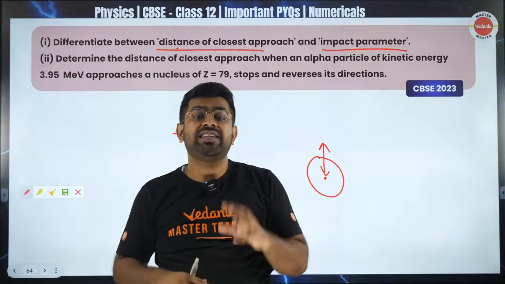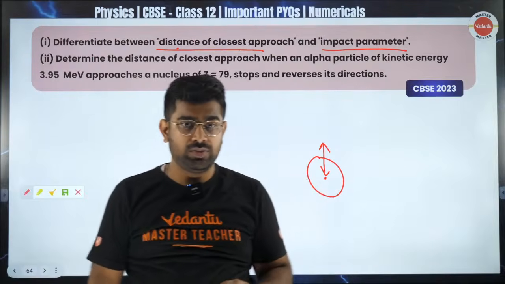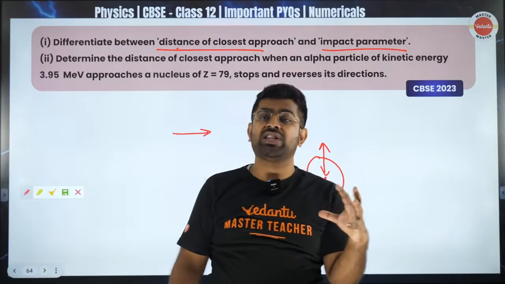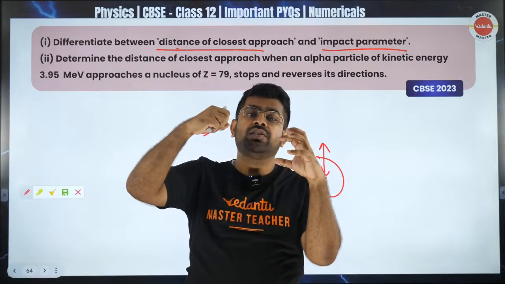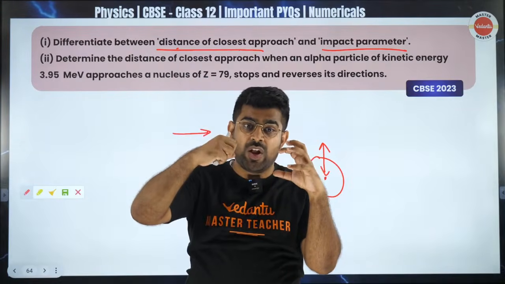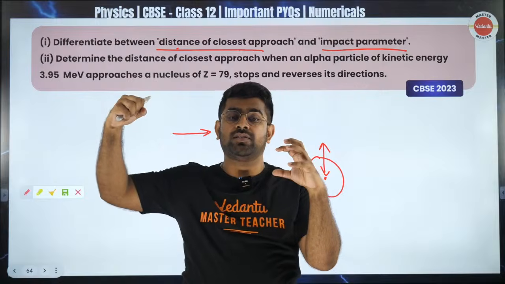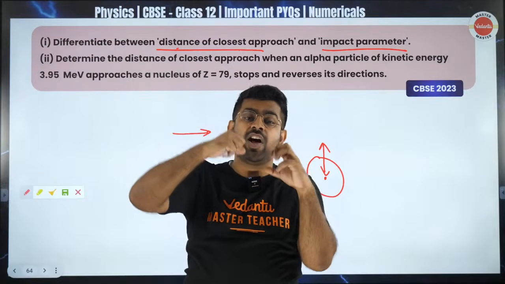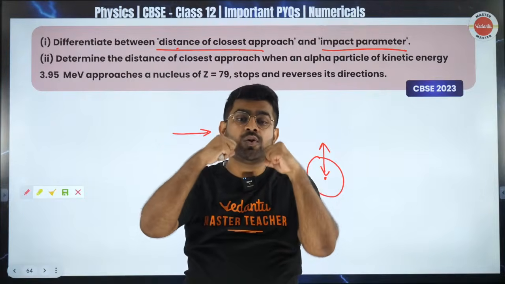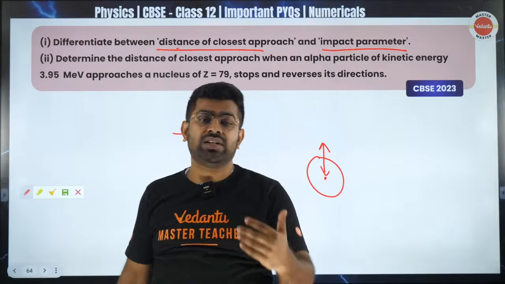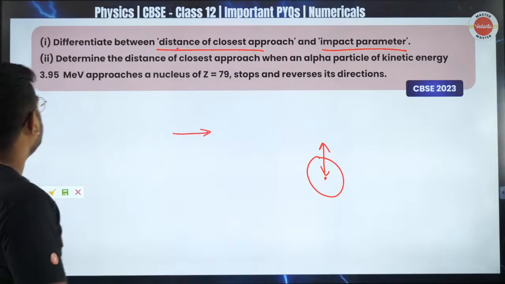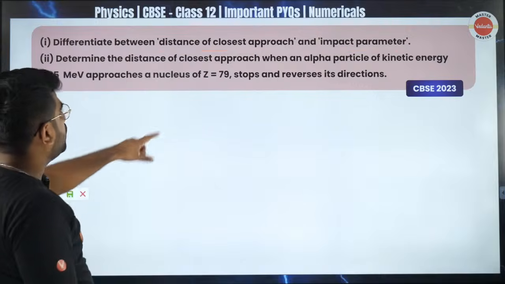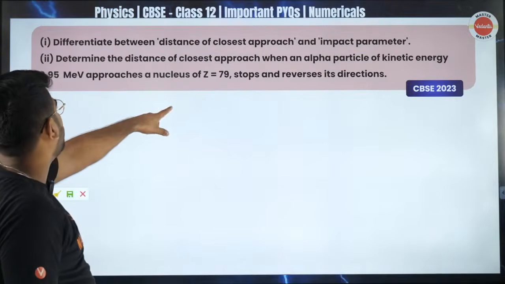So that is called distance of closest approach. It will come closer, its velocity will become zero and then it will go back. So the point when the velocity becomes zero, when they are closest to each other, that is called distance of closest approach.